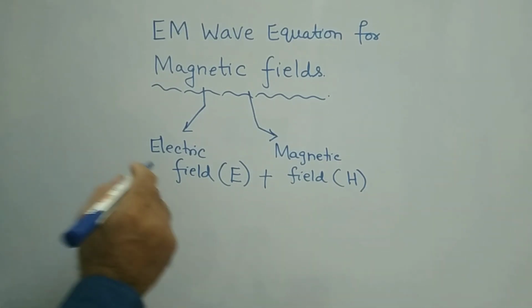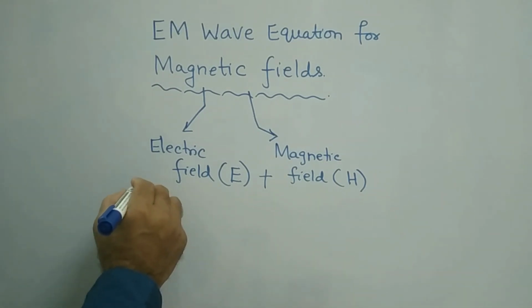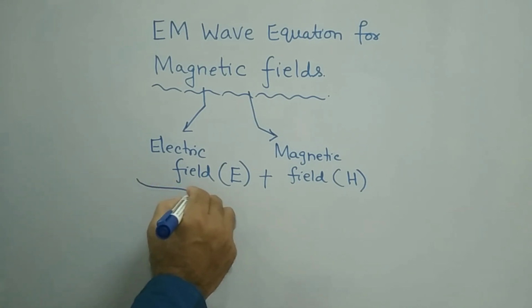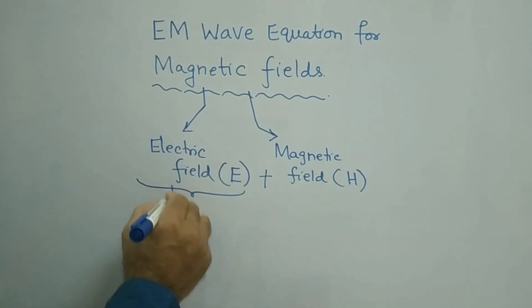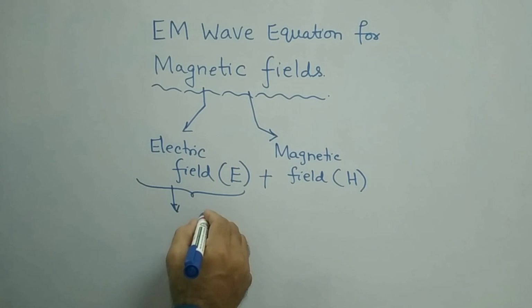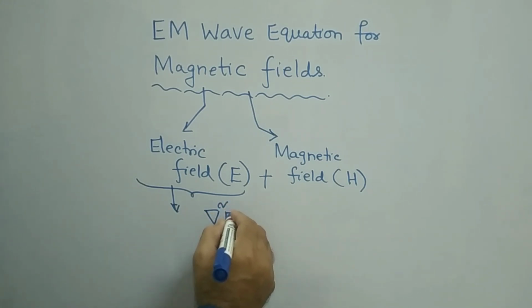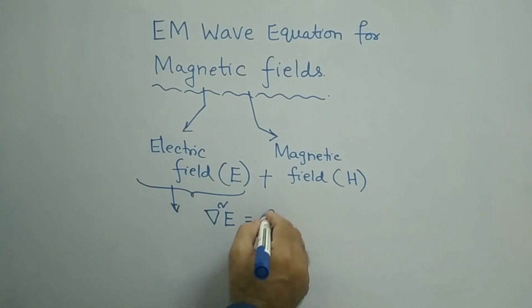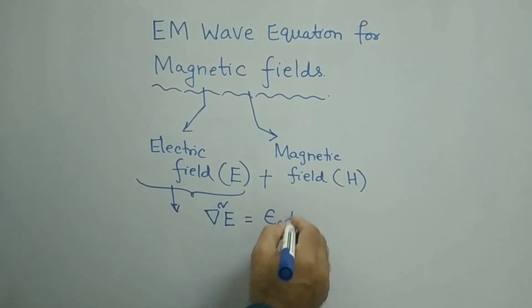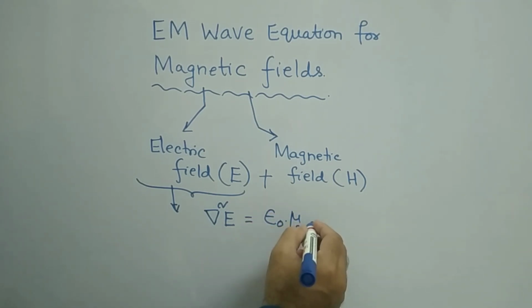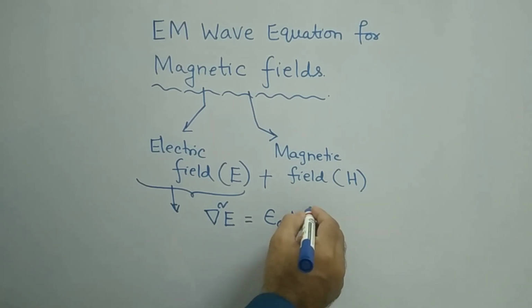In our previous presentation, we saw the wave equation for the electric field: del square E is equal to epsilon naught times mu naught times E double dot.